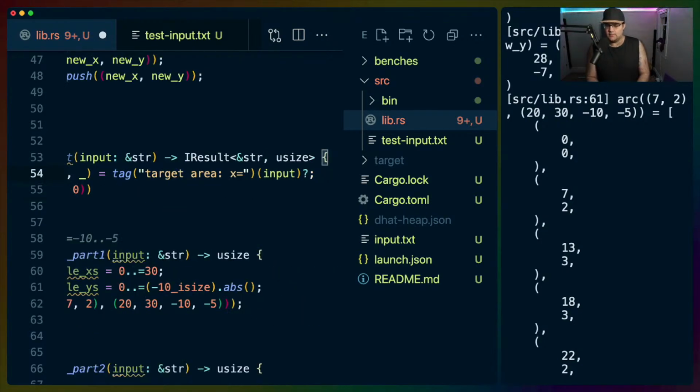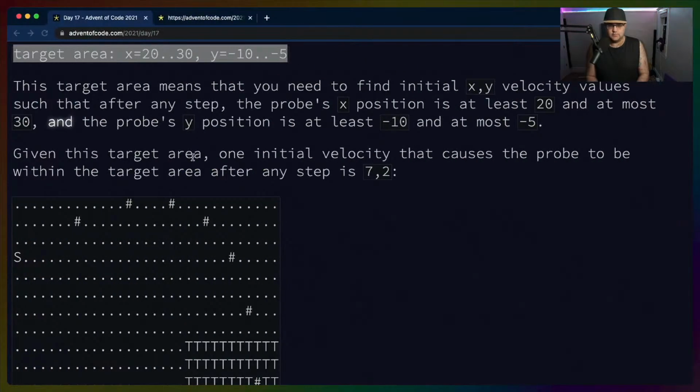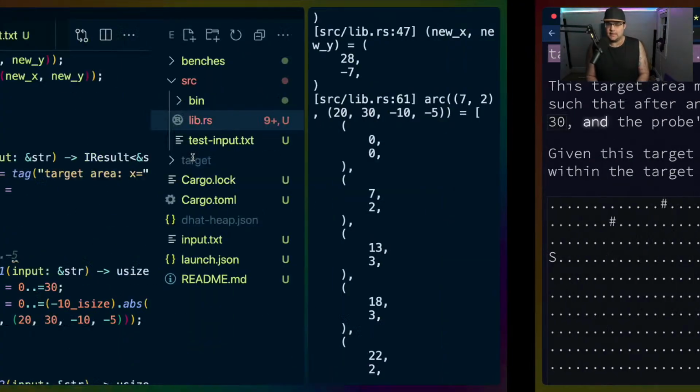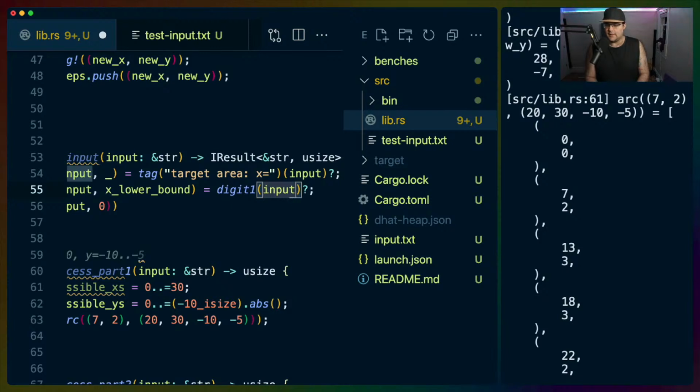And then this will be digit dot dot digit. Actually, I don't want to do digit here. I want to do isize, if we can parse an isize.